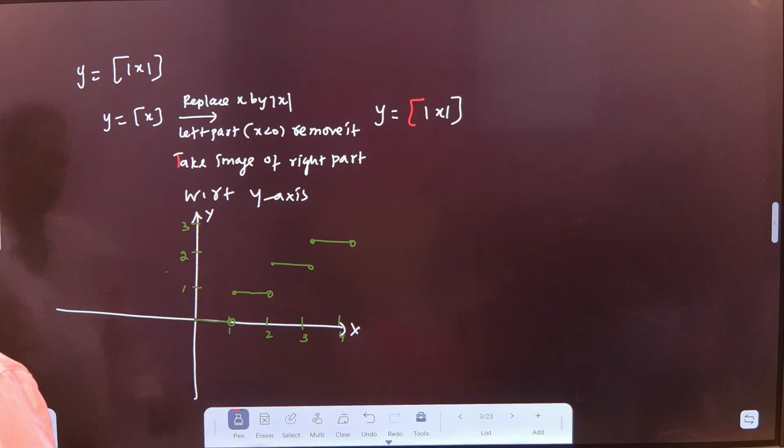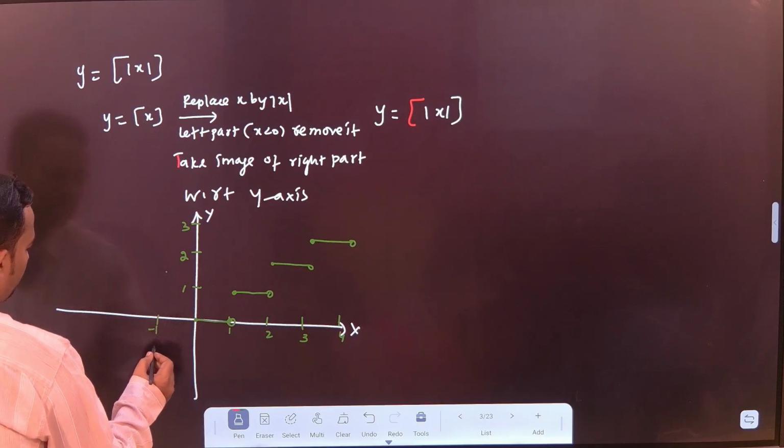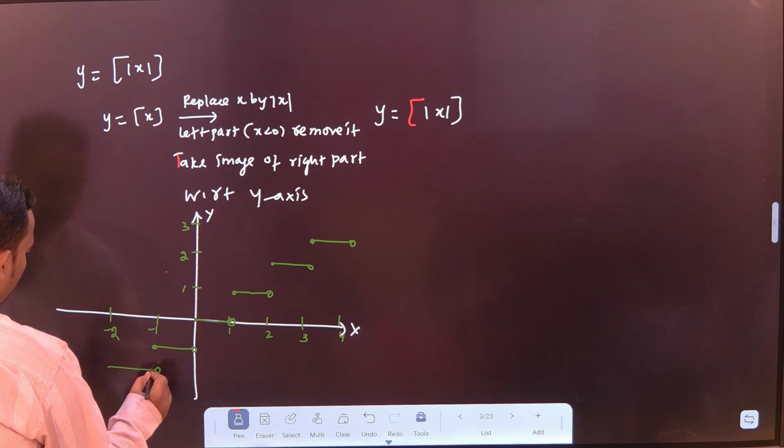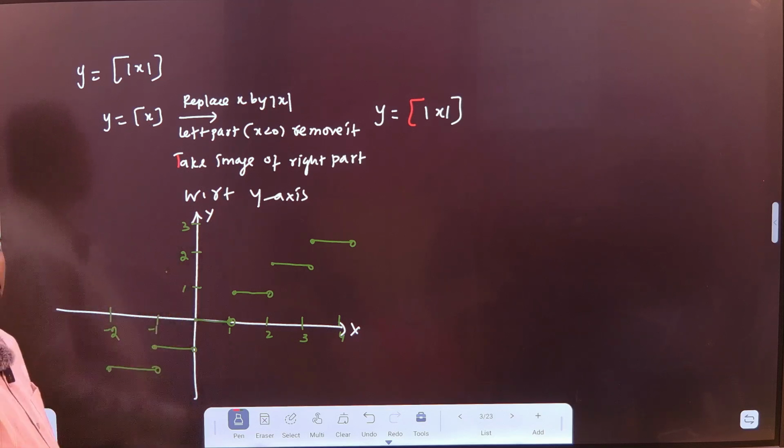Clear? Let's take minus 1 to 0, which gives minus 1, and then minus 2 you can take. I hope everyone understands this. This is the step function.